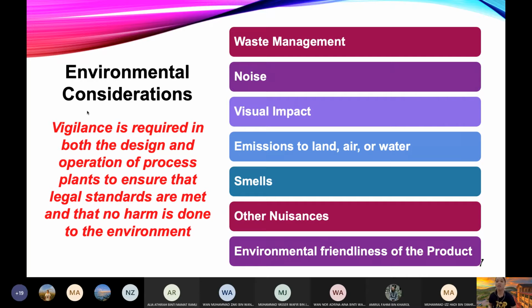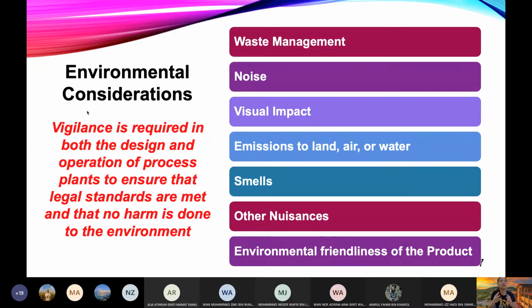For environmental, you must understand that it's not only about your conscience towards the environment, but the government has a lot of legal standards and laws to protect the environment. Not you, but your chemical plant needs to follow and adhere to them.